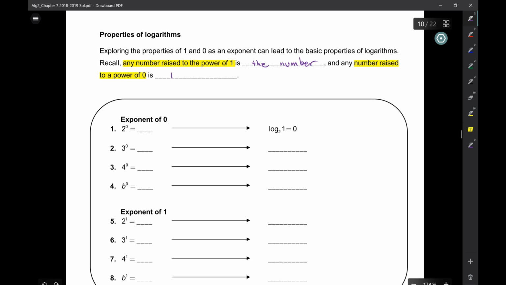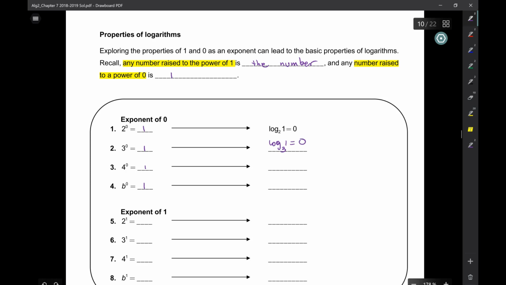2 to the 0 then is 1. 3 to the 0 is 1. 4 to the 0, b to the 0. Okay, so let's write these in logarithmic form. Let's do number 2. 3 to the 0 is 1. So log base 3 of 1 equals 0.